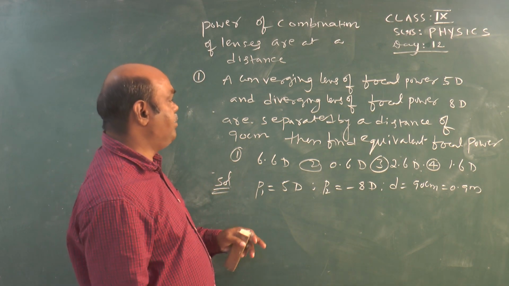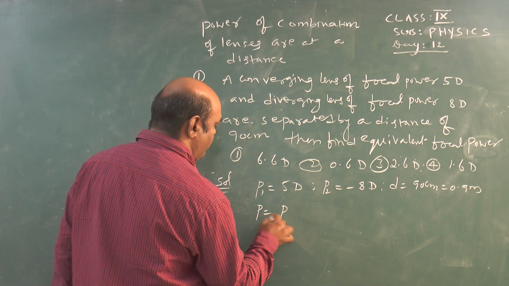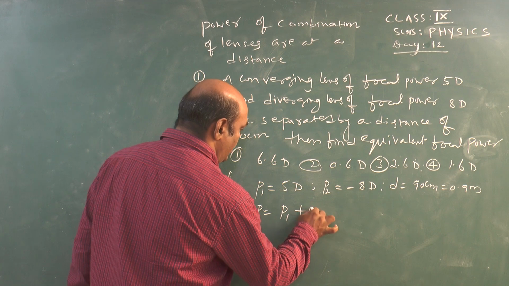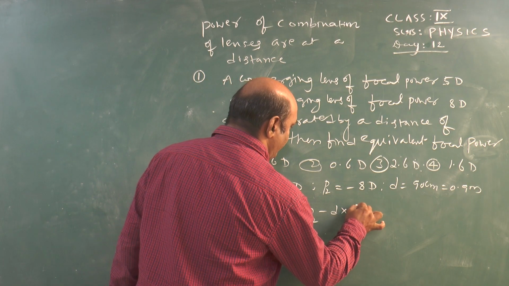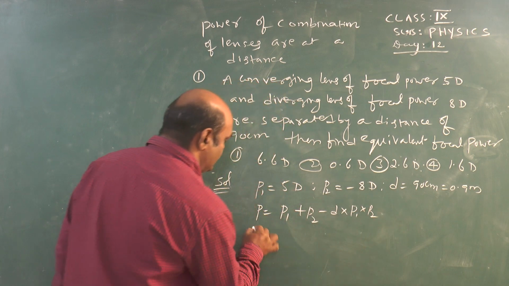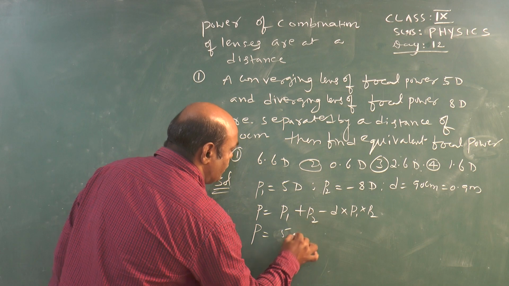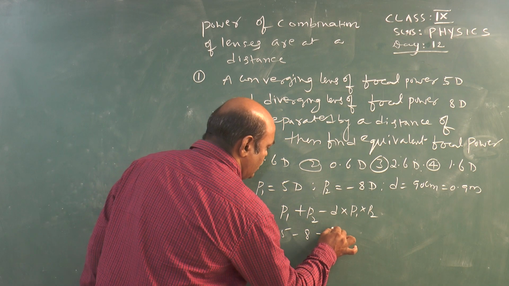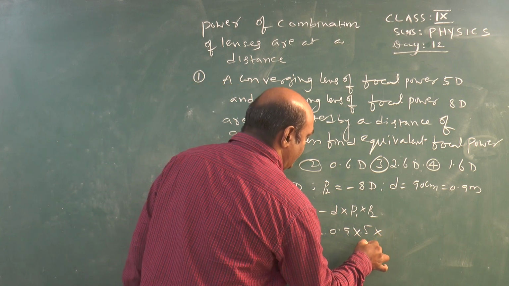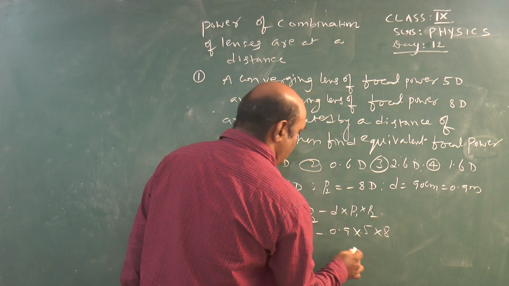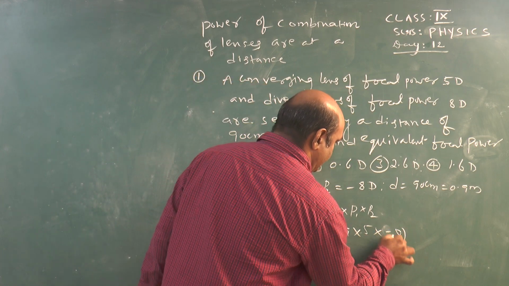Our aim is to find the equivalent focal power. The basic formula is P equal to P1 plus P2 minus d into P1 into P2. So P1 is 5, P2 is minus 8, minus 0.9 into P1 which is 5 and P2 which is minus 8.